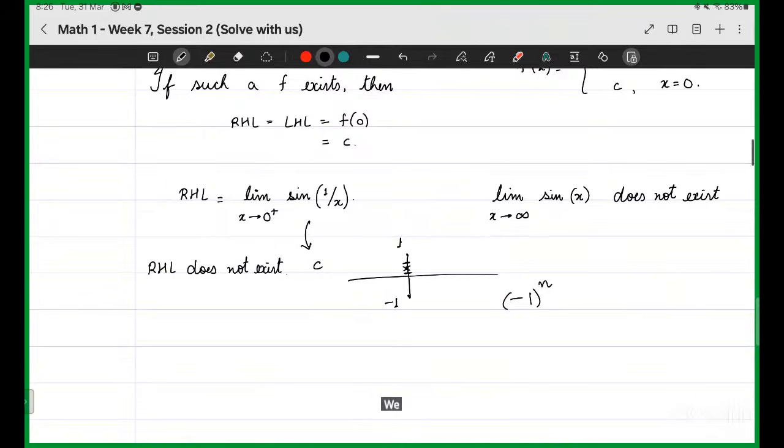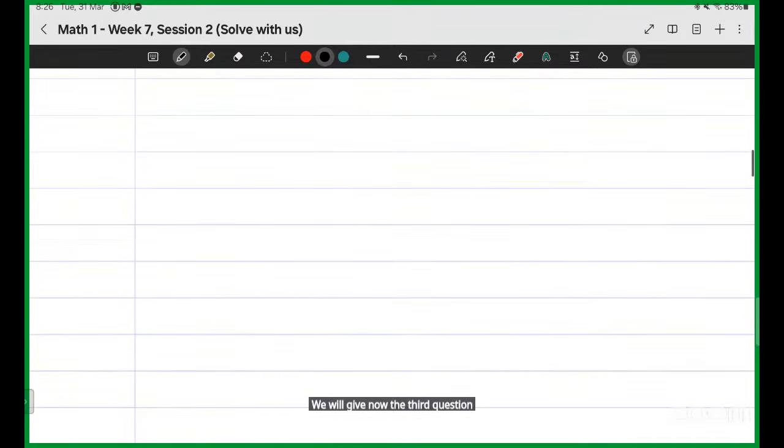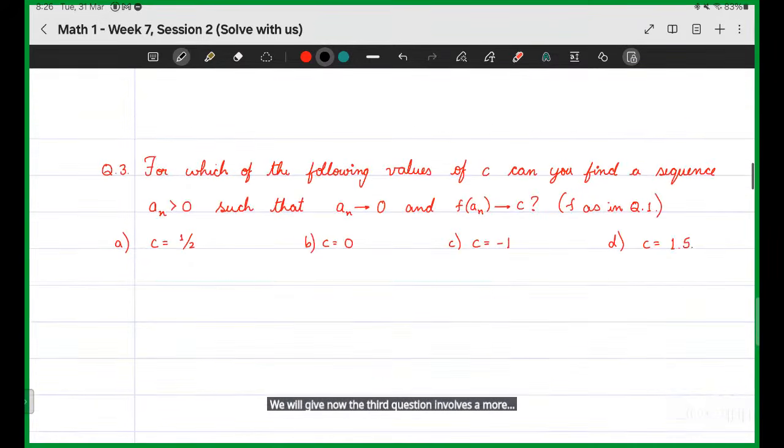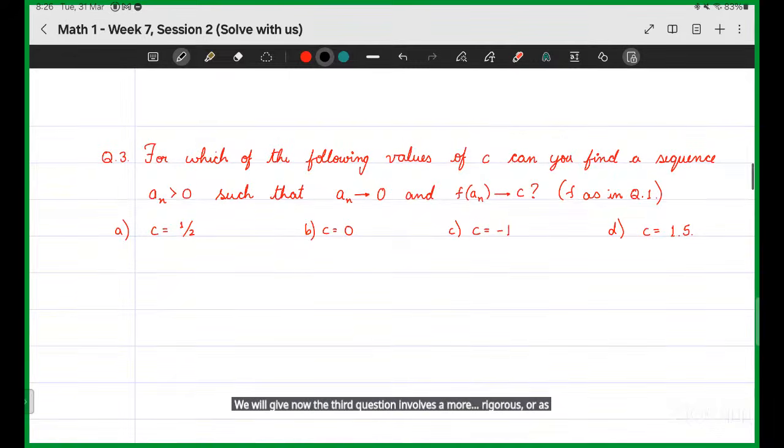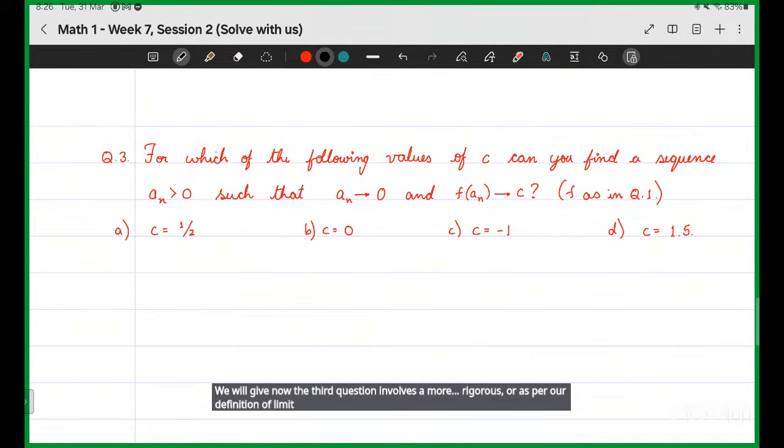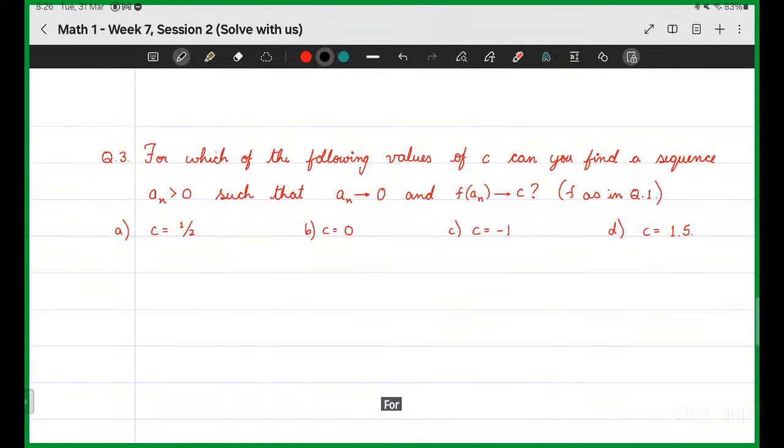We will give now, in the third question, a more rigorous approach for the same question, as per our definition of limit and continuity. What you're asked to do is try and find a sequence which consists of all positive numbers.